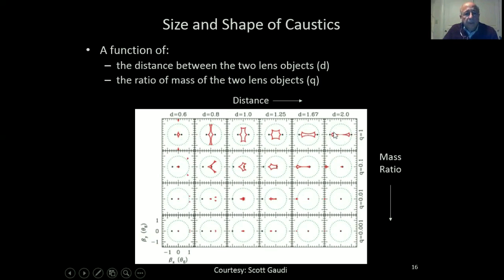And if the mass ratios are way different from each other, as would be the case with an exoplanet and a star, then it would produce these sorts of caustics on the bottom of the chart. So again, based upon the type of caustic, one can determine the distance between the two masses and their ratio. These are well-defined caustic patterns.